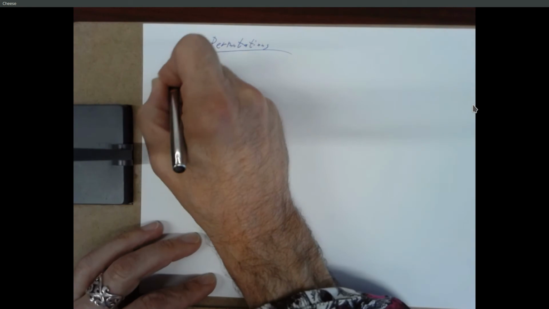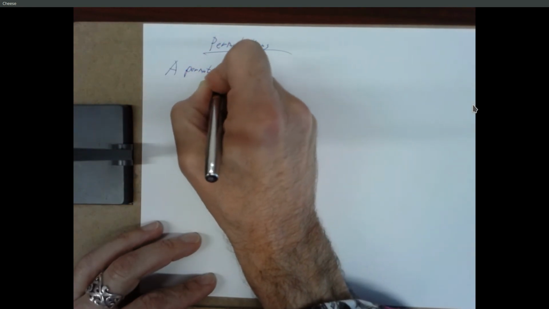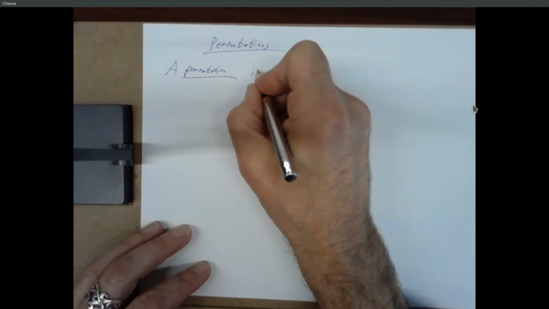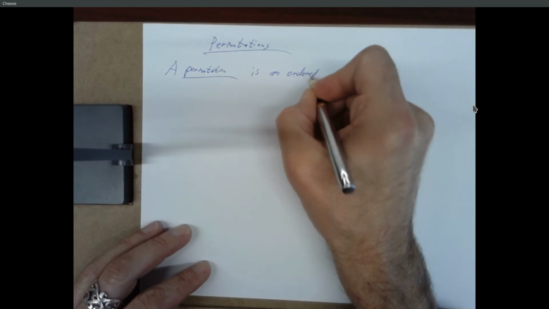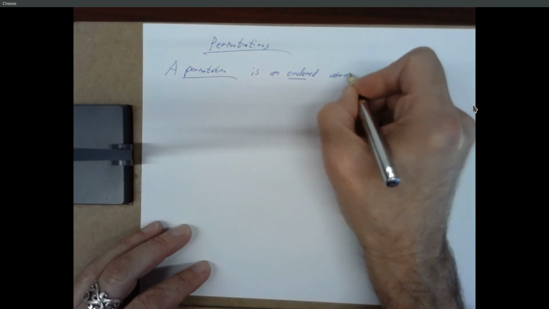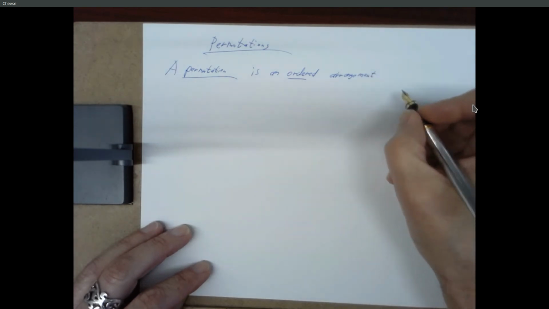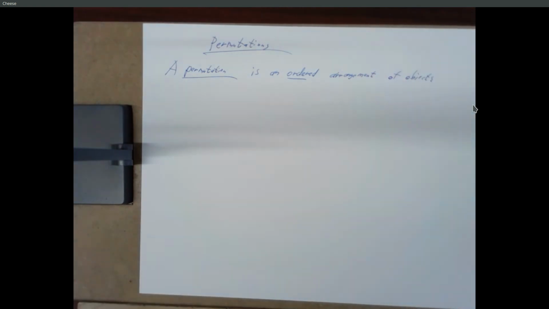All right, so definition: a permutation is an ordered arrangement of objects. So this is different from sets.